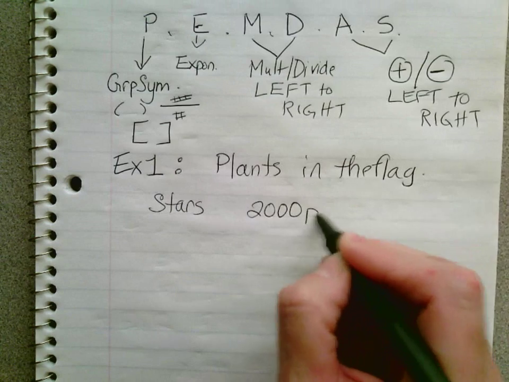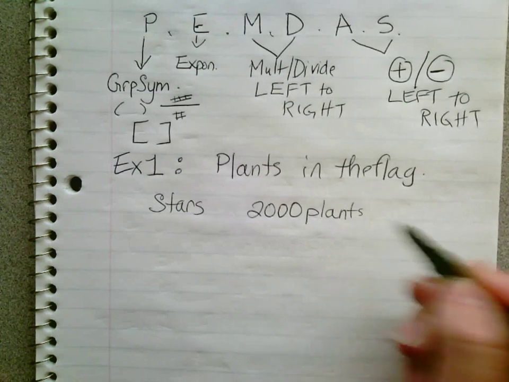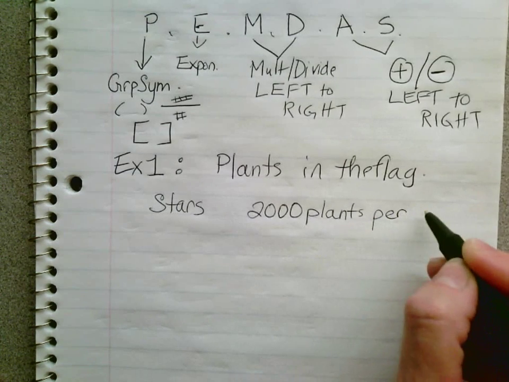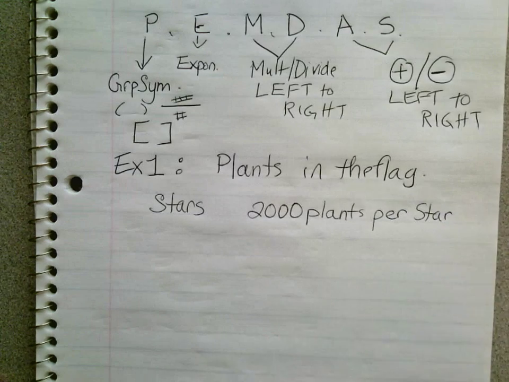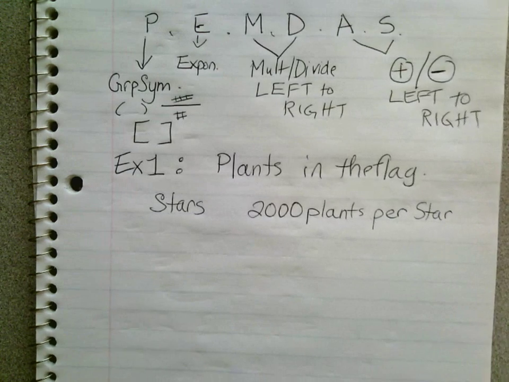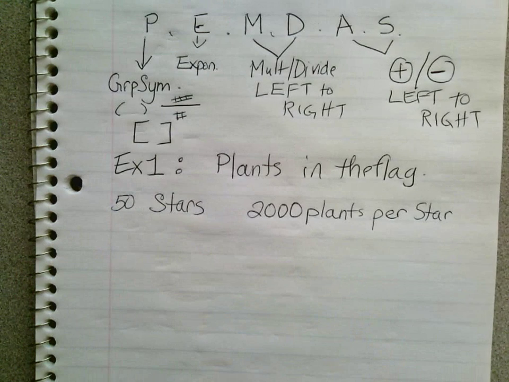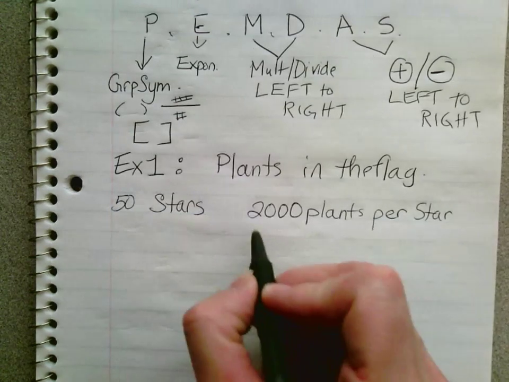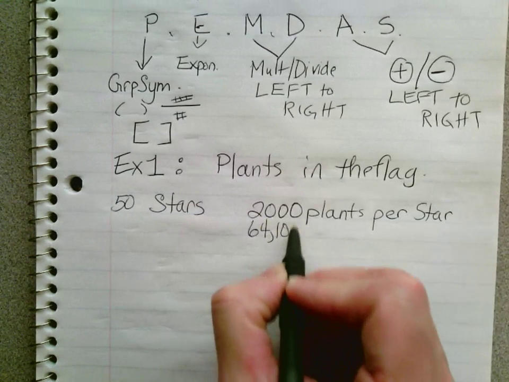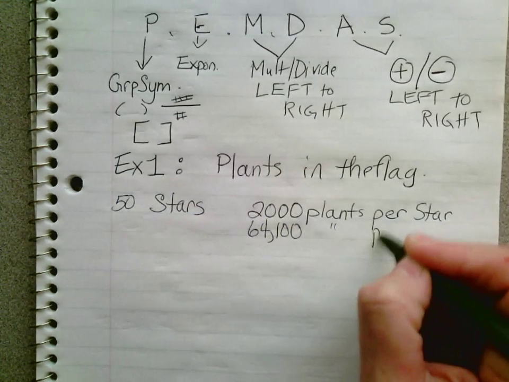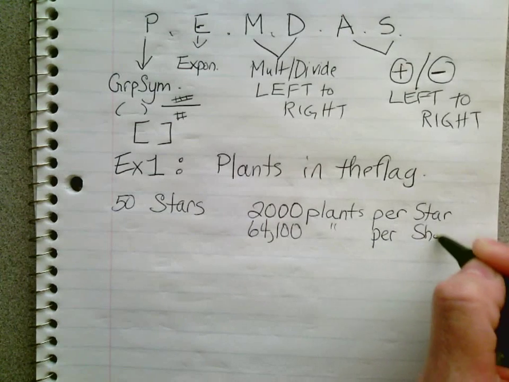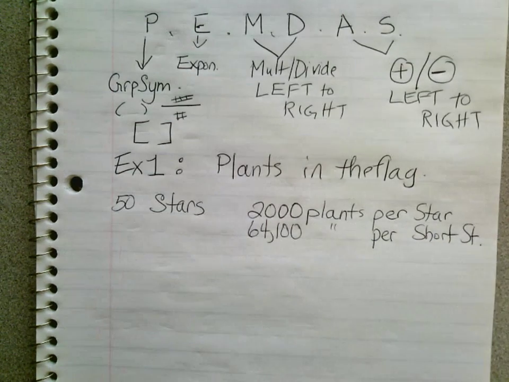plants, wow, per star. How many stars are there? Hope, you know there's 50 stars, just like there are in our flag. 64,100 plants per short stripe.